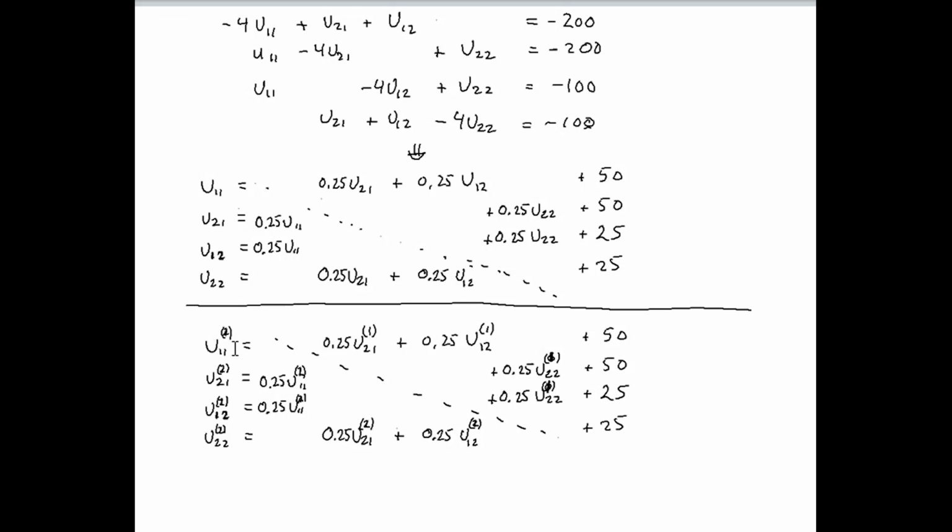So then we find the value of u112. And this value we can now transfer to this value and this value, and all other places where it's used. In this case, it's only used in these two places.